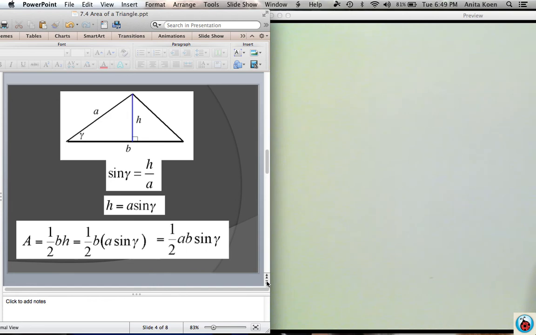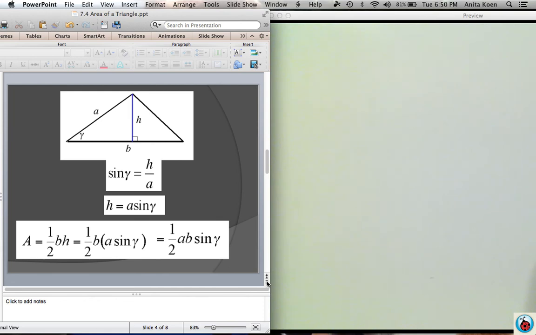Well, if I want to solve this for h, I can simply multiply both sides by a and find out that h is equal to a times the sine of gamma. Now I can take that h and substitute, in place of the h, a times the sine of gamma, into my formula for the area of a triangle.